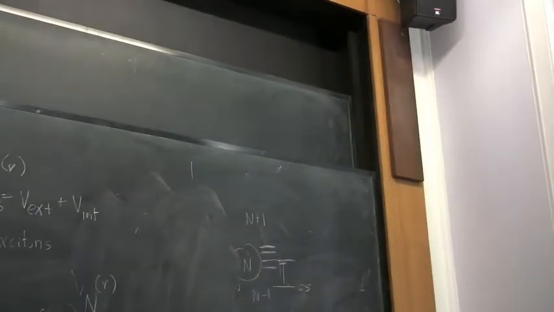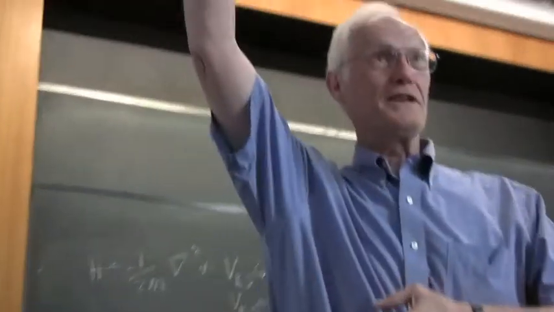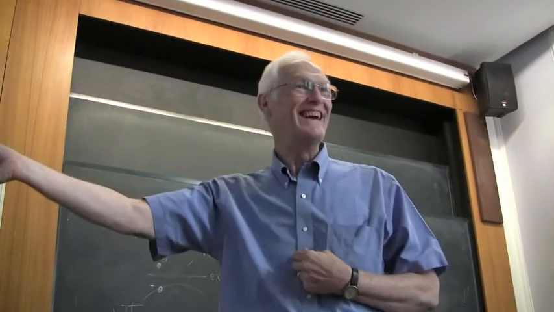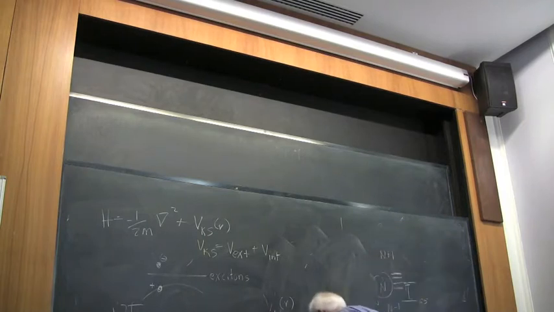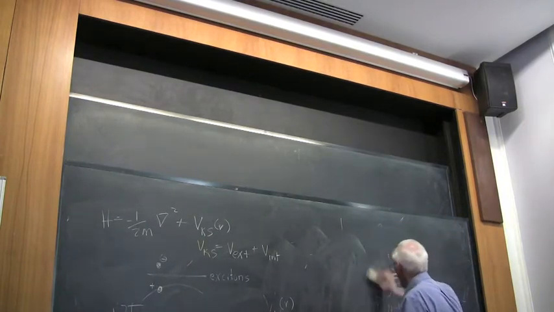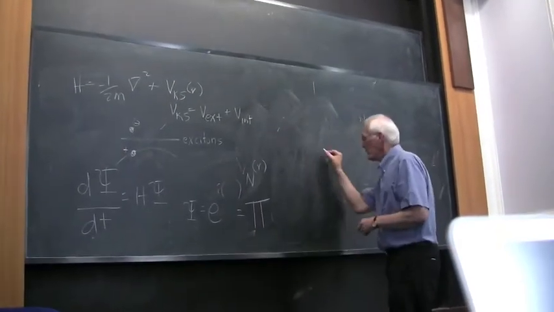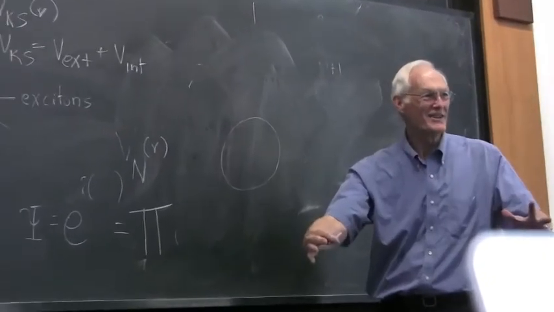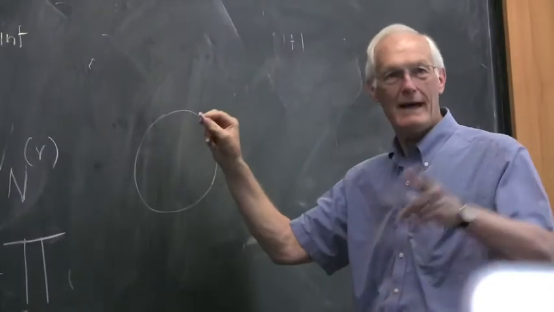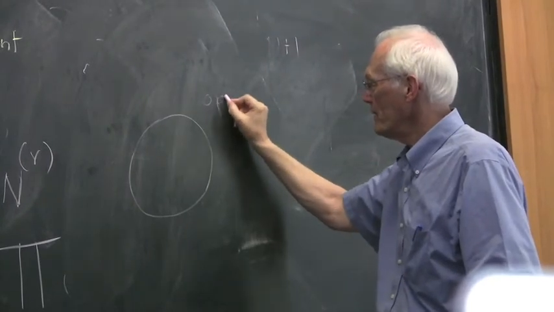But remember that transformation that started with currents and got to density. If you think of the small particle, small system, I should say, where you really are treating the whole thing. So it's a finite system with open boundary conditions.